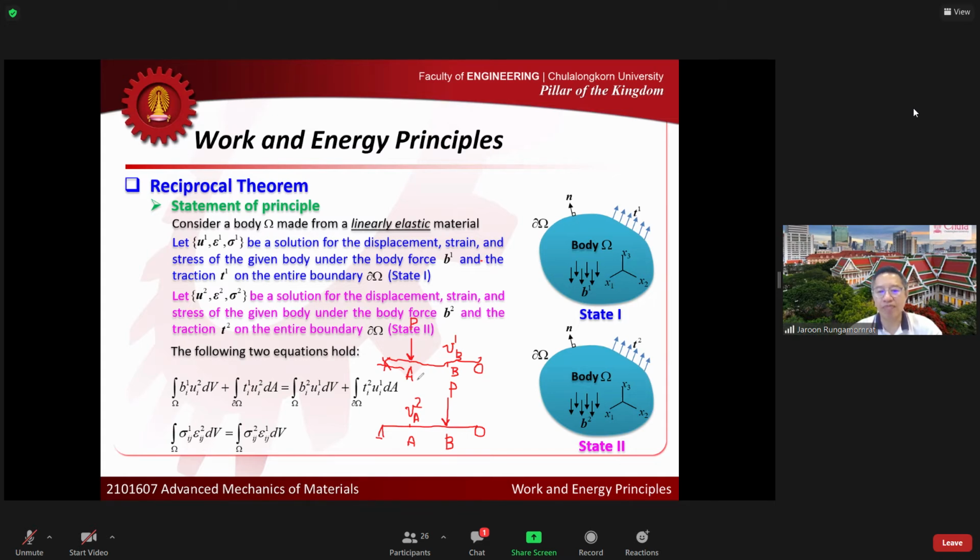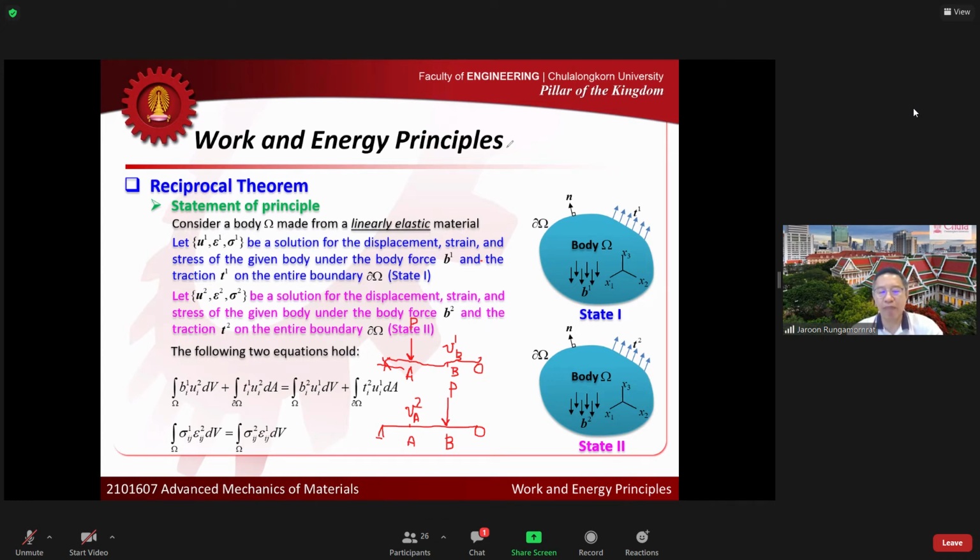And this kind of thing can be used to prove the symmetry of the flexibility matrix. If you go back, right? The flexibility matrix is symmetric because of this kind of property. Okay, this is one application that I can think about.